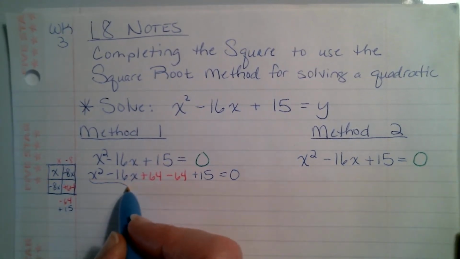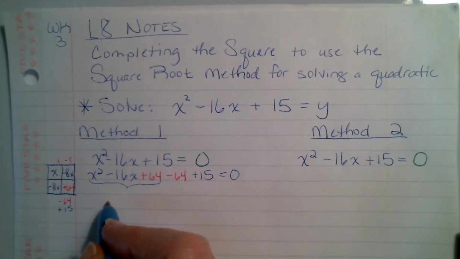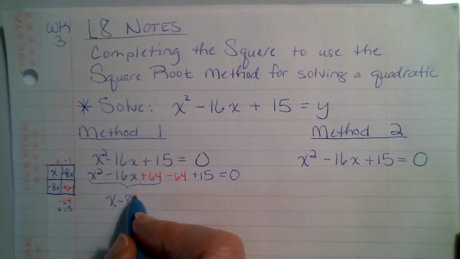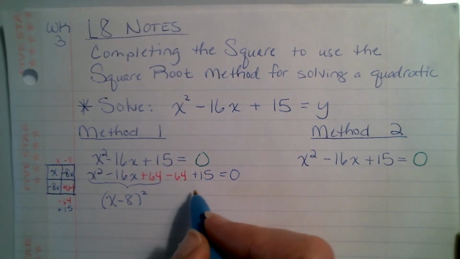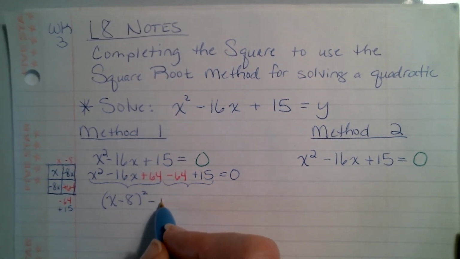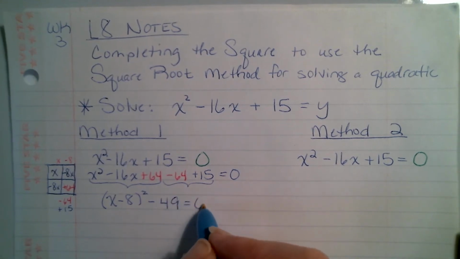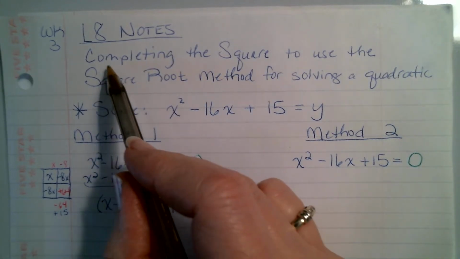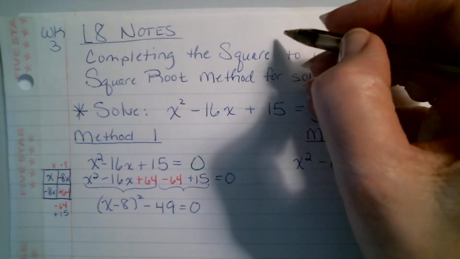Why do that? Because I can express this as a perfect square, x minus 8 squared. And this part is going to be negative 49. I'm going to take a minute and just add up here. What's the point of doing that? Why complete the square?